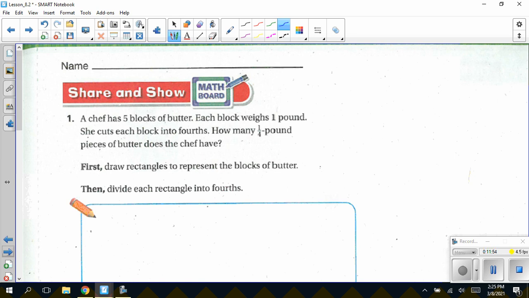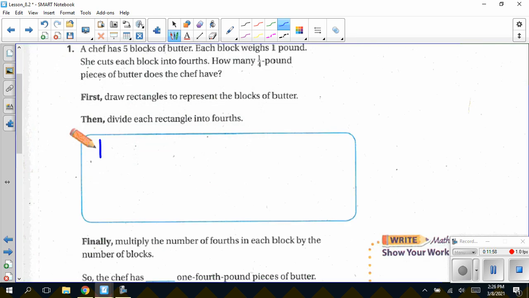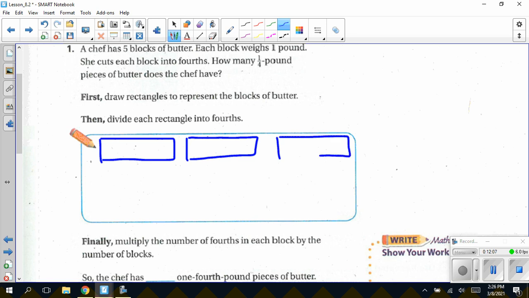So I am going to draw 5 rectangles to represent the 5 blocks of butter. And then in the story problem, it says she's cutting those blocks into fourths. So therefore, I need to divide each of these rectangles into fourth-sized pieces.